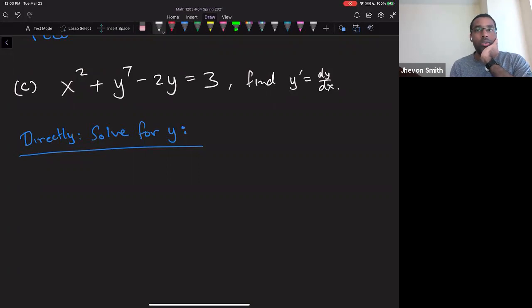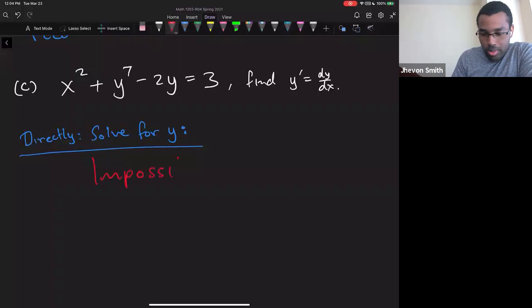Are you guys trying to solve for y? Okay, let me save you some time with a hint. Okay, so here's what I would say in regards to solving for y. Impossible.